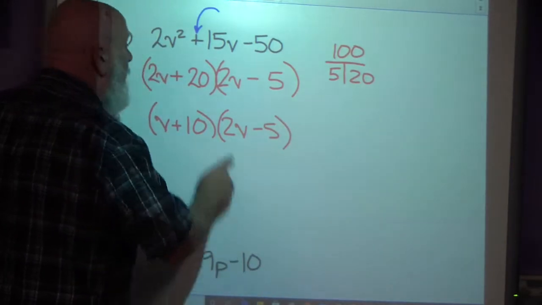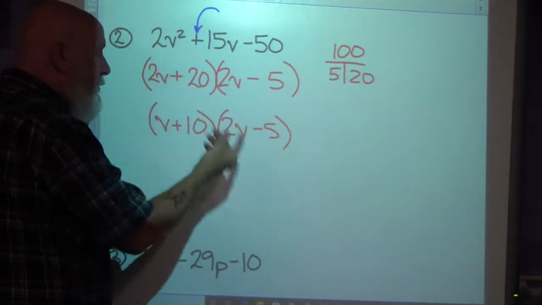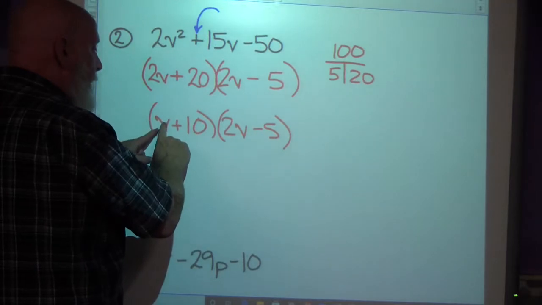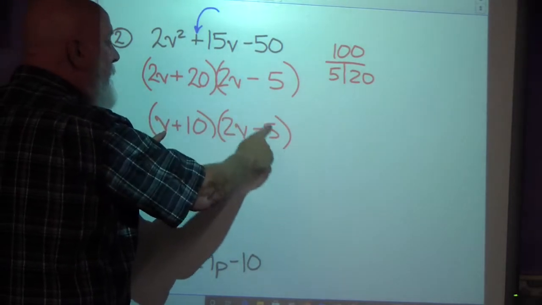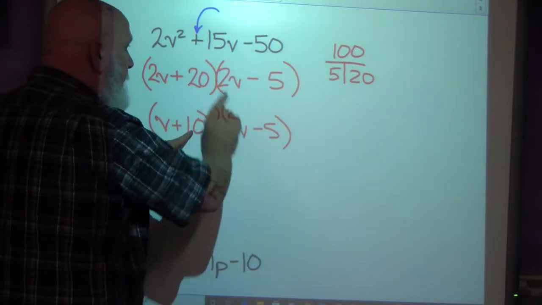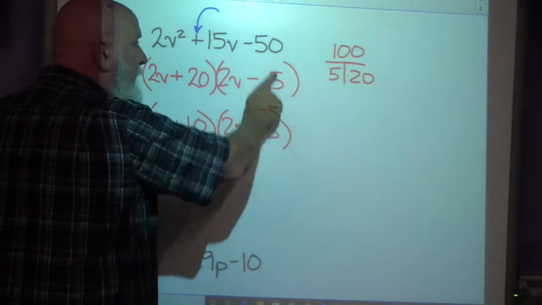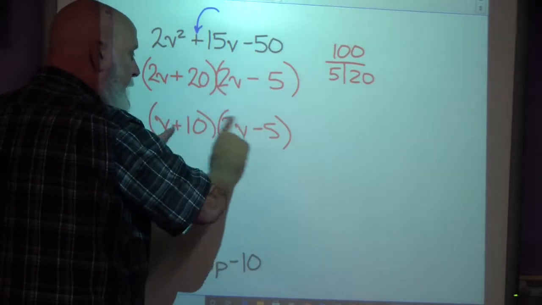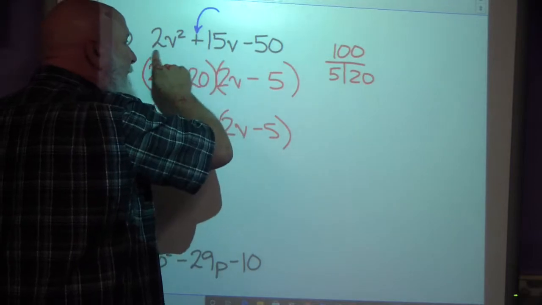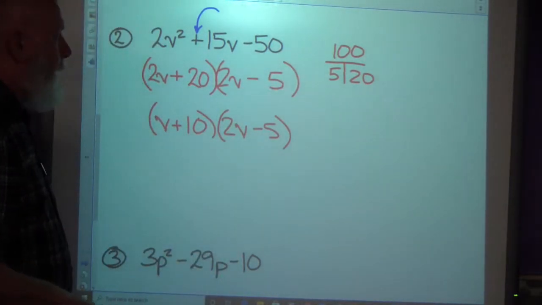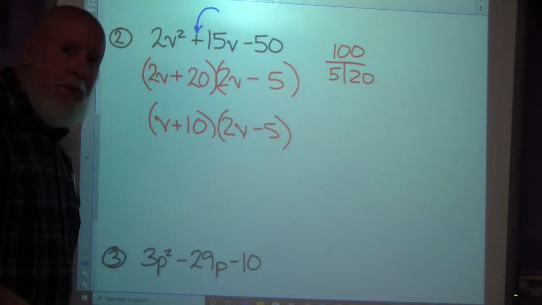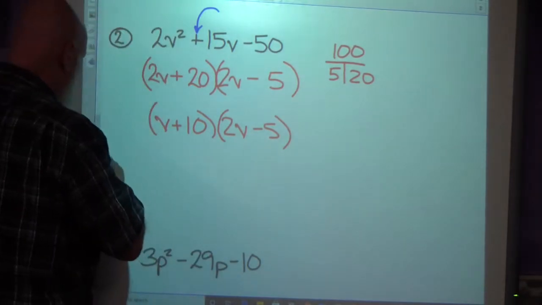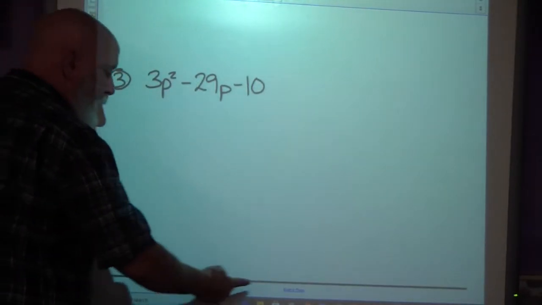You're only going to divide one of these by that extra 2 that we introduced. So now when I FOIL this, I'll have 2v squared minus 5v plus 20v, there's my 15v, minus 50. If I FOIL this and then combine like terms, I'll get this. Okay? T method, or the airplane method. You'll hear it called both things.